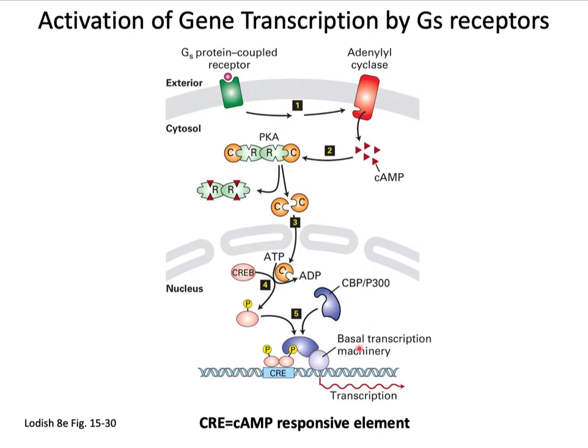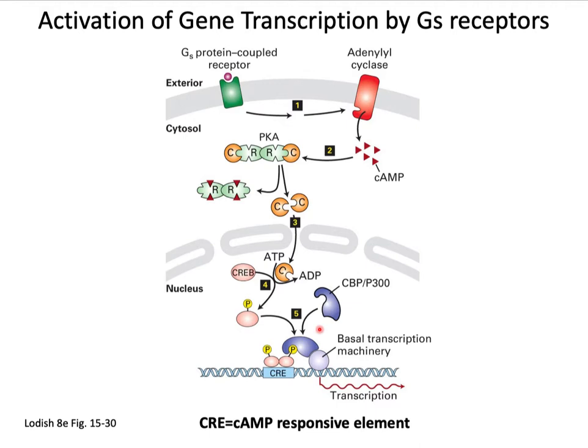So CBP is the CREB binding protein, and P300 is also known as EP300, or sometimes the adenovirus E1A binding protein. So together, the CREB along with the coactivator CBP and P300 form an extremely powerful transcriptional activation complex that can induce the transcription of a wide variety of genes.